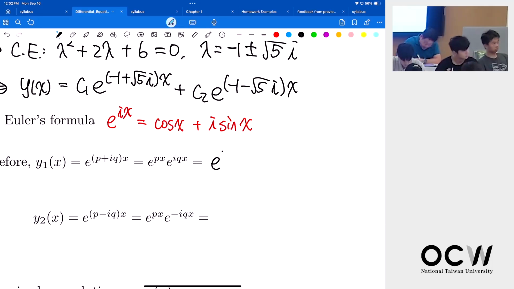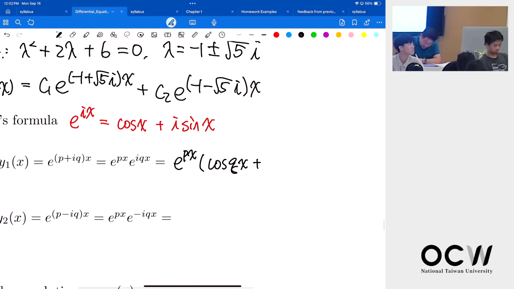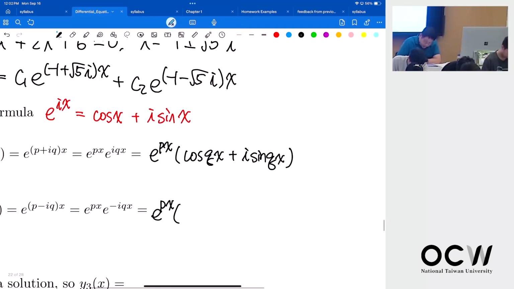What is e to the iqx? Using Euler's formula, cosine qx plus i sine qx. Then the second one, e to the px, I have a minus sign, so cosine qx minus i sine qx.